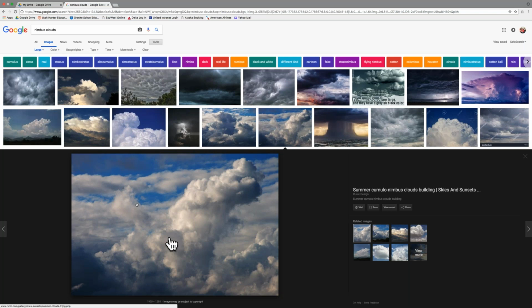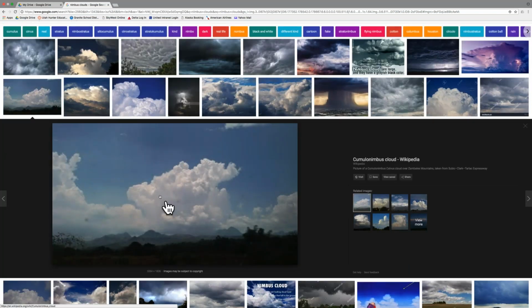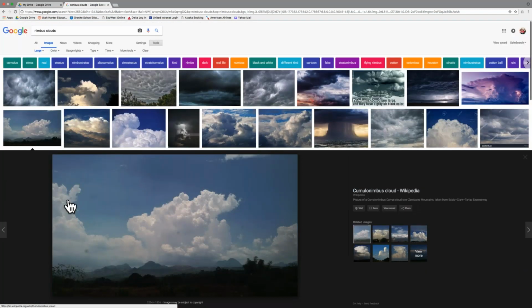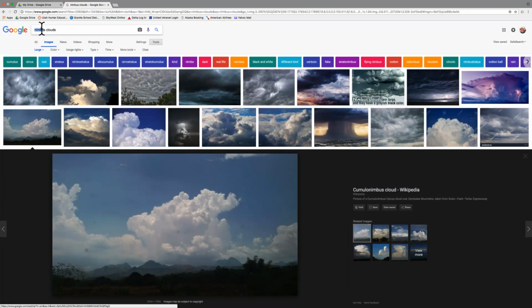It's a rain cloud, right? This is the start of an anvil top, you can see there, or a towering cumulus.